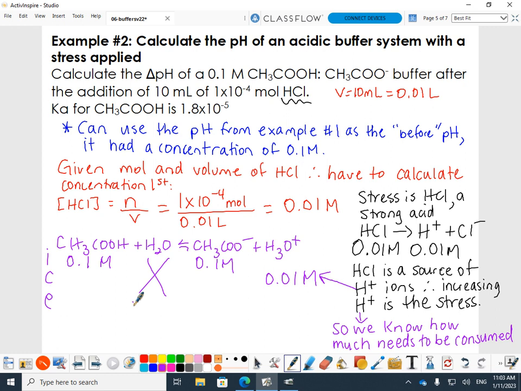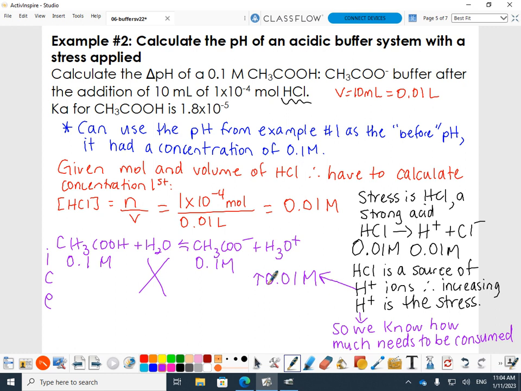If you increase a product, the system has to shift to consume it. So if it shifts to consume this, then this is going to go down and this is going to go up, right?